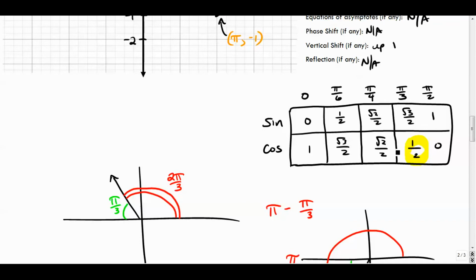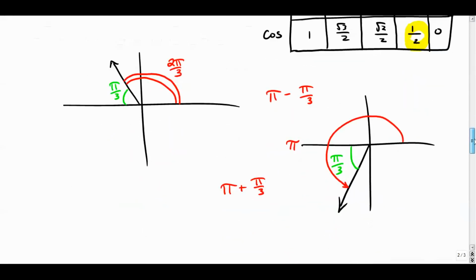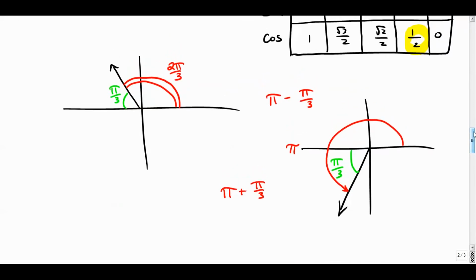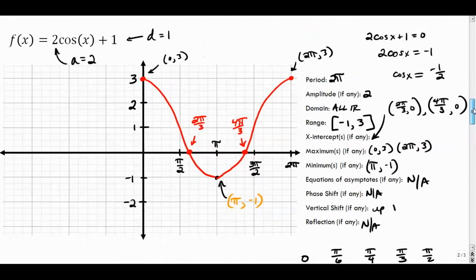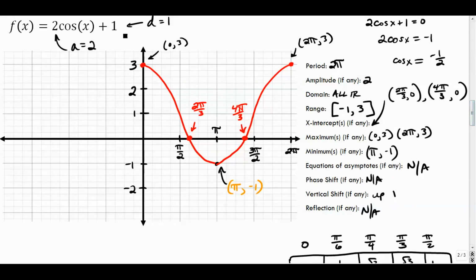It all keeps resurfacing, so it's obviously important. You need to know how to work with these different quadrants and figure out these values. You can also just throw this into a calculator and you'll come out with a decimal value, and if you can figure out that that decimal value is 2π/3, you're in good shape.